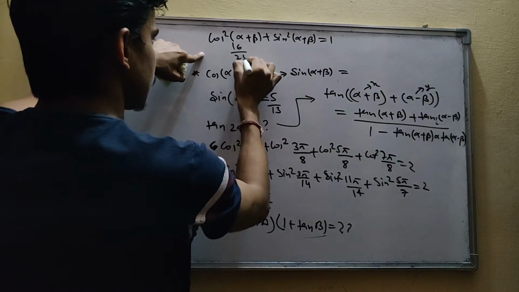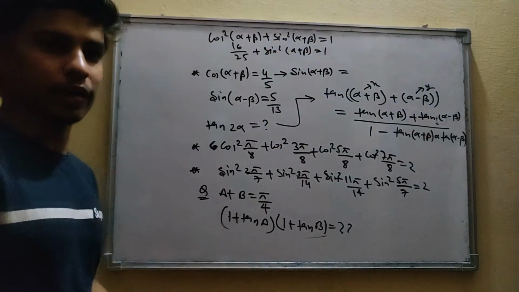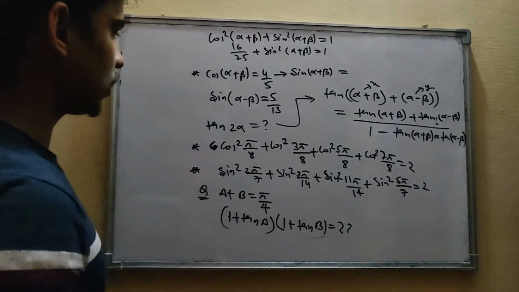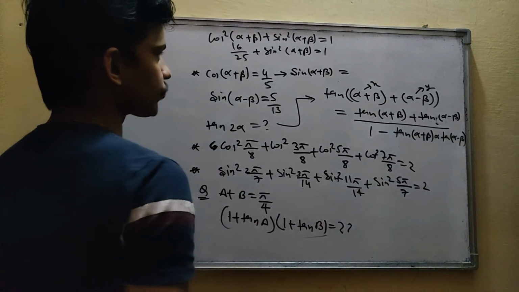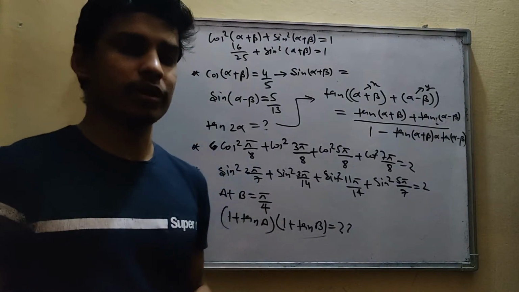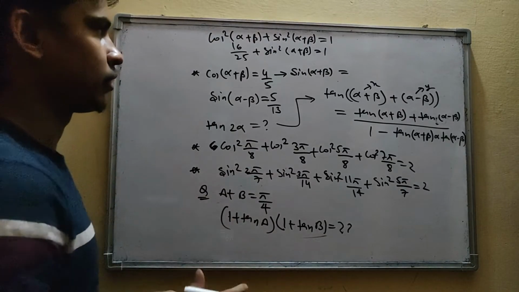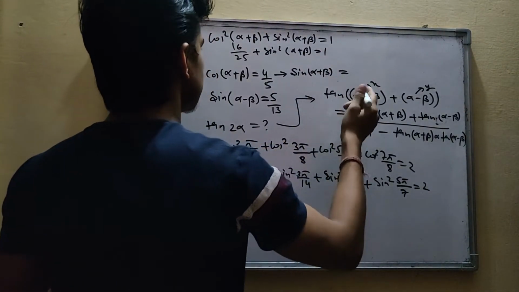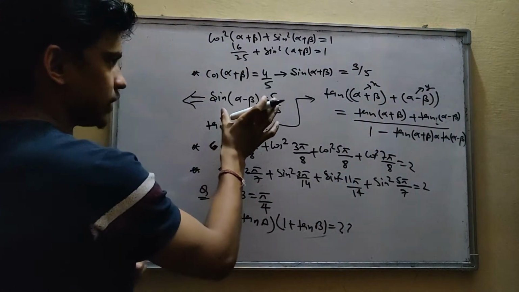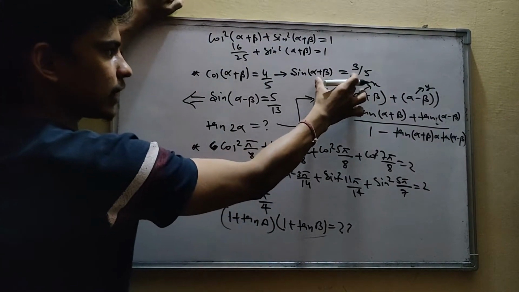So this is going to be 16 upon 25, and this is sin square alpha plus beta, so this is going to be 1 minus that. They have given that alpha and beta are such that their sum or difference always lies in the first quadrant, so you don't have to worry about whether sin or tan is going to be positive or negative. So you just take it like this: 1 minus this is going to be 3 upon 5. This is how you can calculate sin alpha plus beta, right?